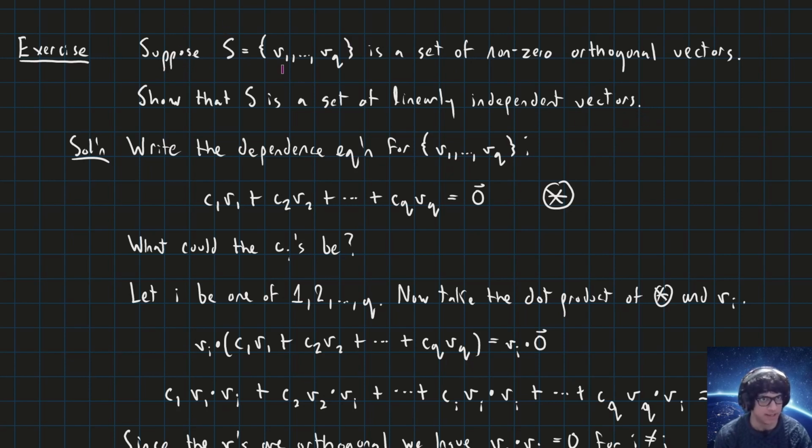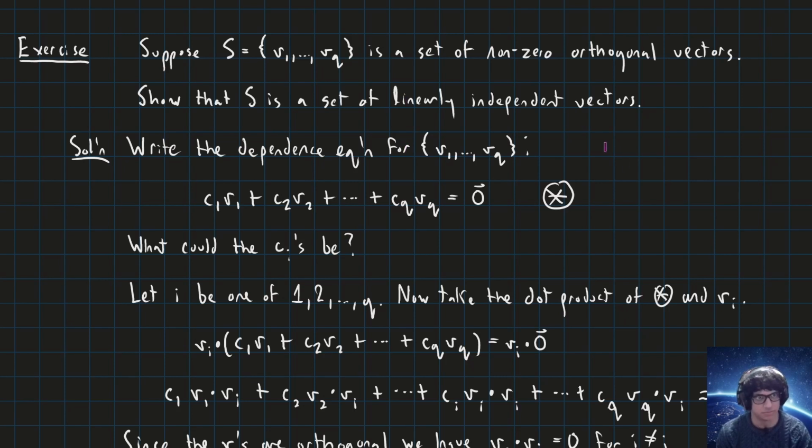So suppose S is a set of vectors, and it's a non-zero set of orthogonal vectors. What we want to do is show that S is linearly independent. So given a set of non-zero orthogonal vectors, show that they're always automatically also linearly independent.